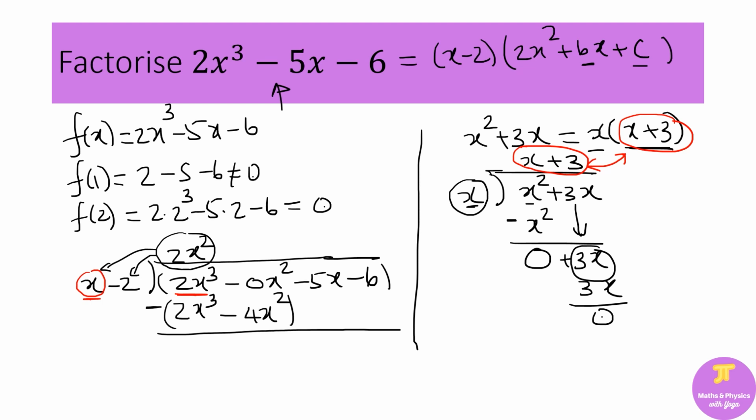Then we subtract this from the top. When you subtract, the cubed terms cancel out, and what you have here is 0x squared minus minus 4x squared, that would be 4x squared. Then we bring everything down here, so that is minus 5x minus 6.